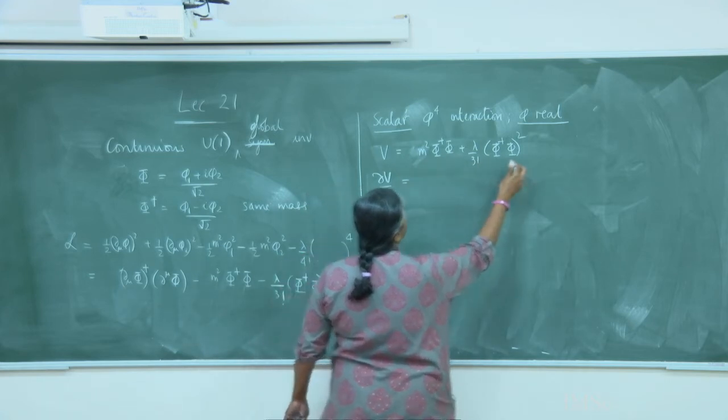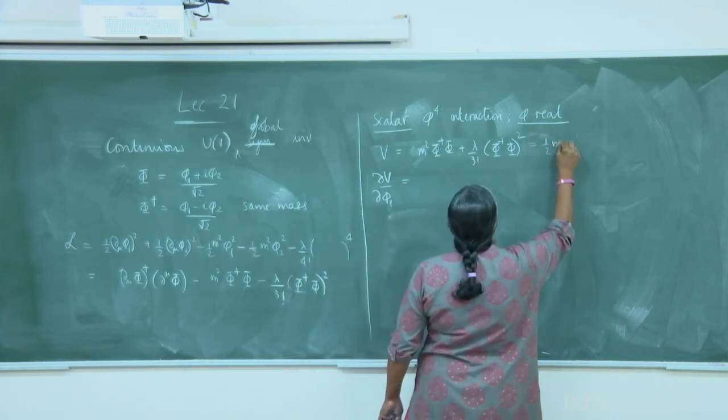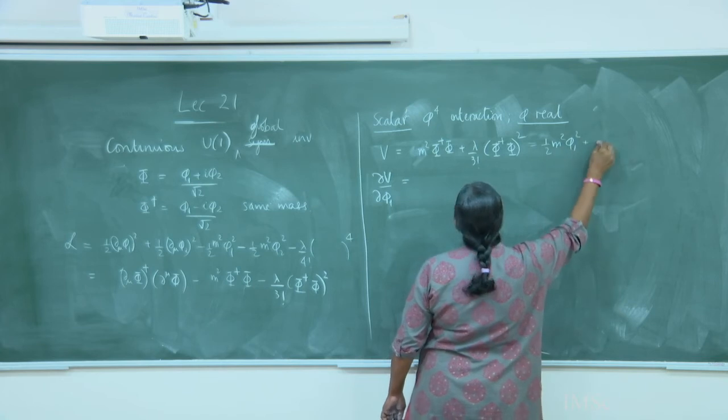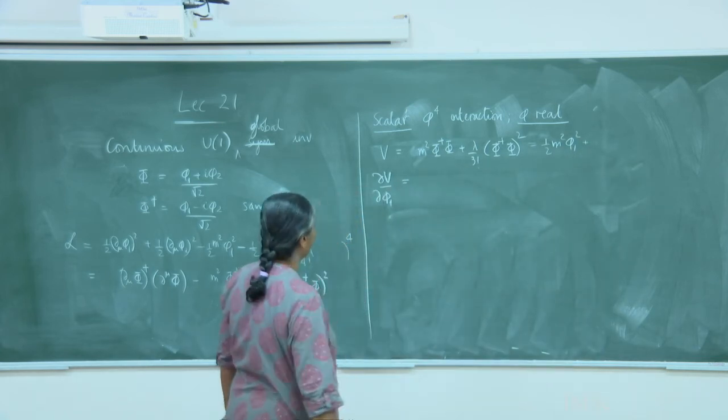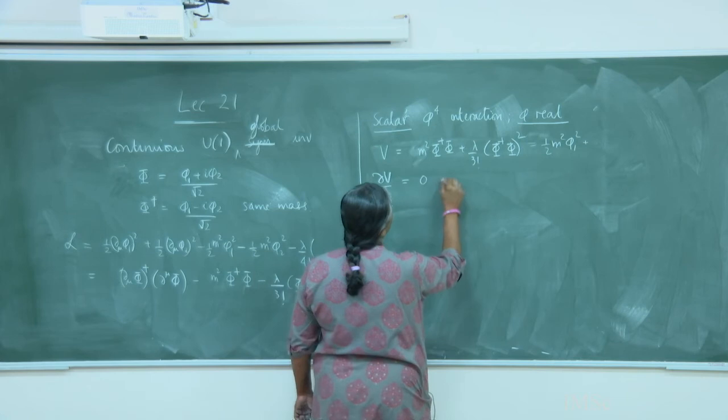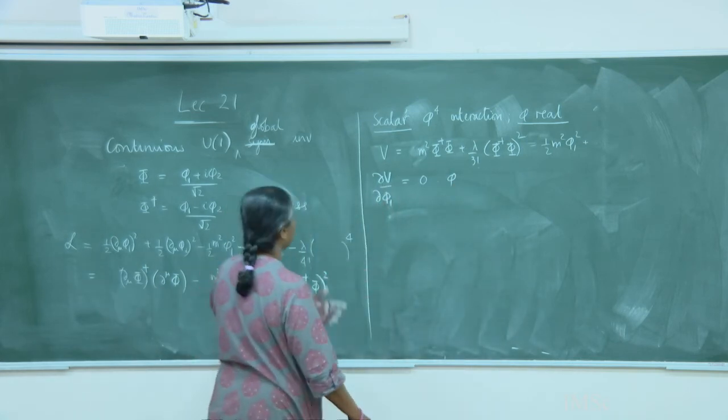So you can now write this as half m squared phi 1 squared plus, so write it all in terms of phi 1 and phi 2. So you know what you will get, right? It is just the coupling of phi 1 and phi 2 fields.